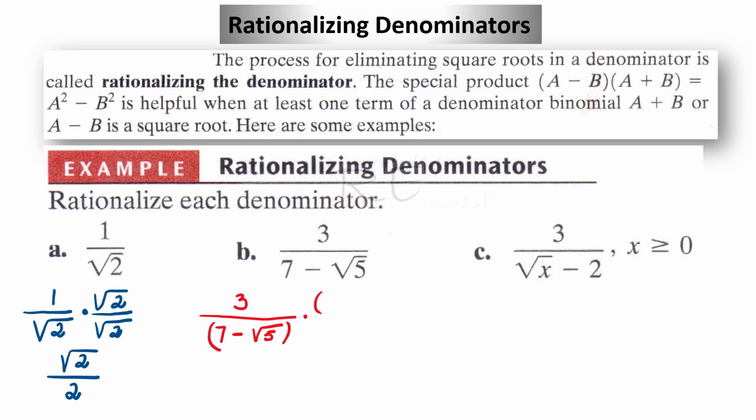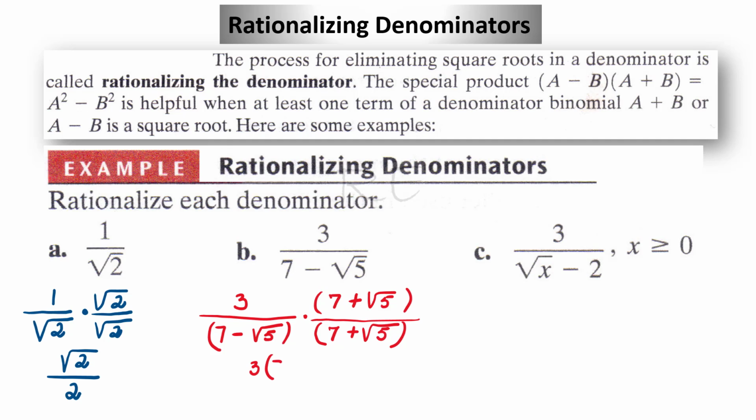To rationalize the denominator, 7 minus square root of 5, we need to multiply the fraction by 1, which will consist of the conjugate 7 plus square root of 5 over itself, 7 plus square root of 5.